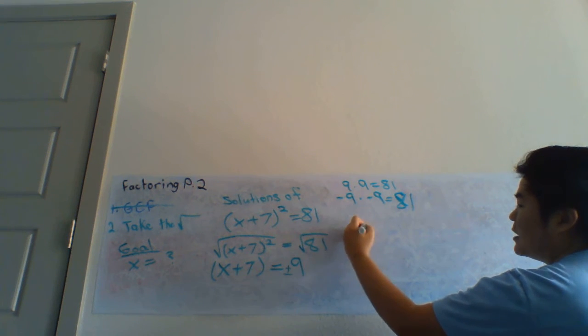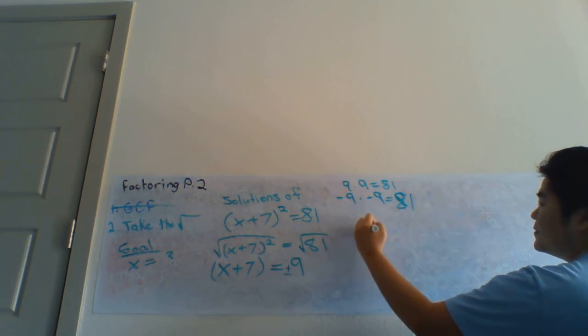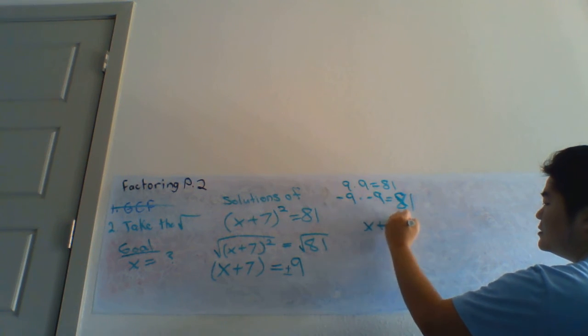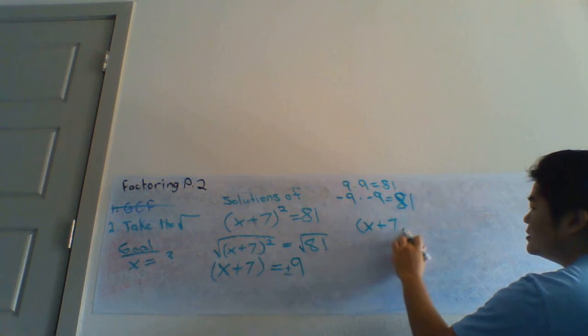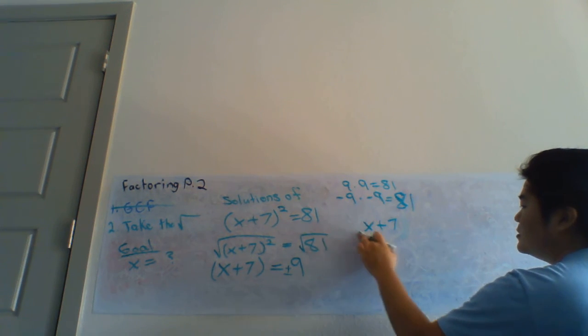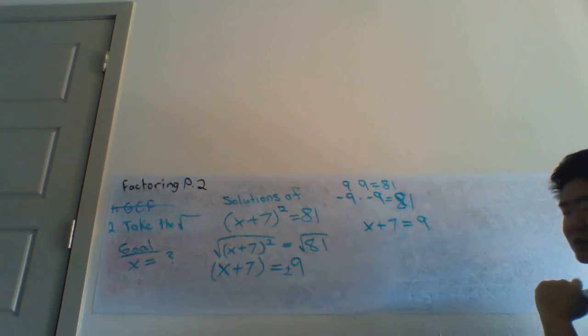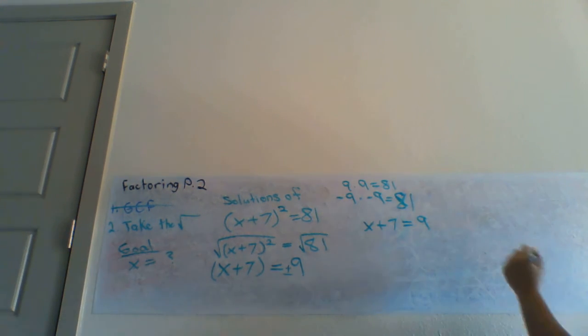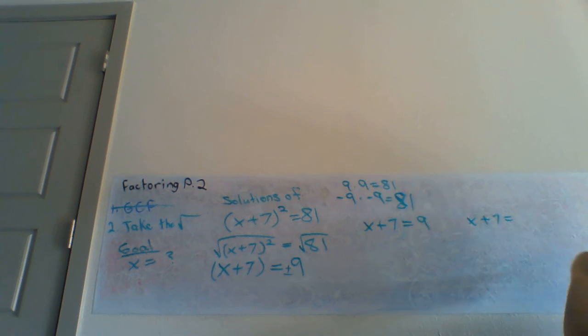So I'm going to rewrite this one over here. I've got x plus 7, and I'll get rid of the parentheses because we don't need those. x plus 7, and this one's going to be the plus 9 on the left side. And then I'm going to rewrite it again, x plus 7. This one's going to be the negative 9.